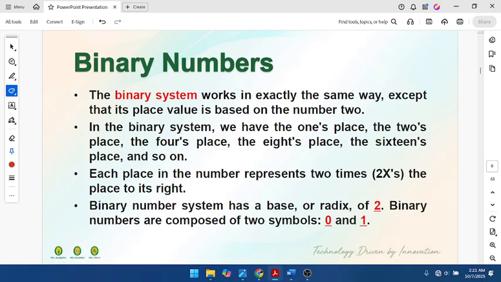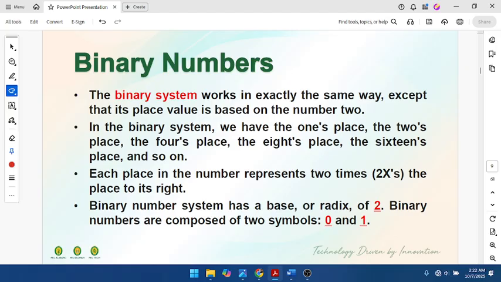Because this is base 2, the place values are different. Instead of powers of 10, for example 1, 10, and 100, our place values are now powers of 2. As you can see here, the ones place is 2 to the power of 0, the next place is 2 to the power of 1, the fourth place is 2 to the power of 2, and the eighth place is 2 to the power of 3, and so on, doubling with each move to the left.